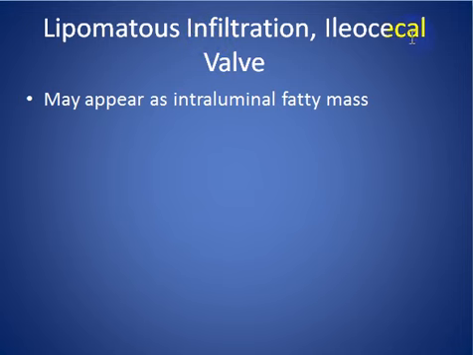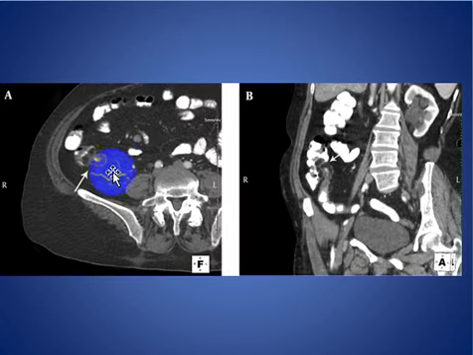Lipomatous infiltration of the ileocecal valve may appear as an intraluminal fatty mass, as in this patient, with lipomatosis of the terminal ileum, and it extends to the ileocecal valve.